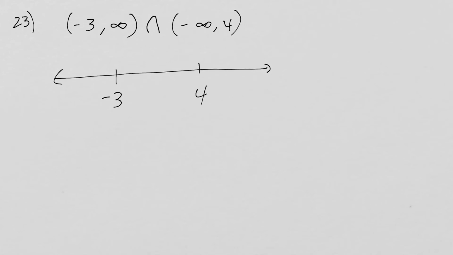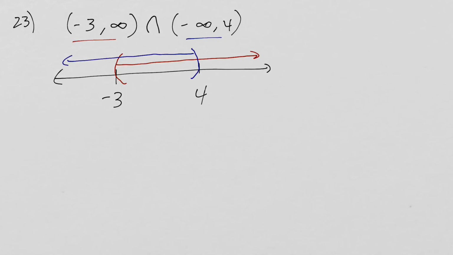Okay, so this first one is negative 3 to infinity. So it's a graph going this way. And this second graph is negative infinity to 4. So it's a graph that looks from negative infinity all the way up to 4.